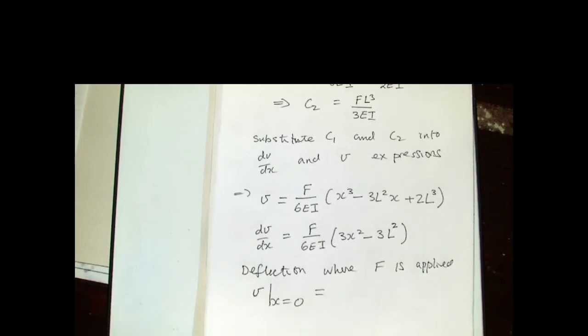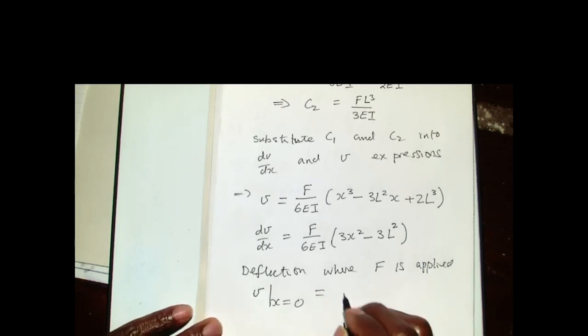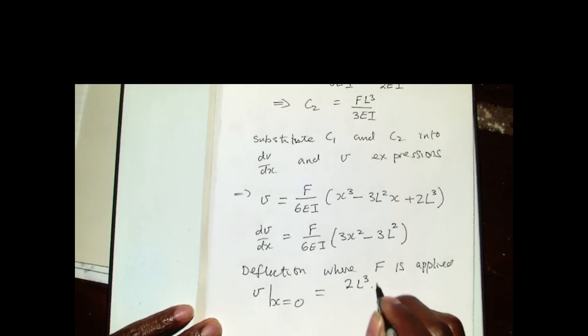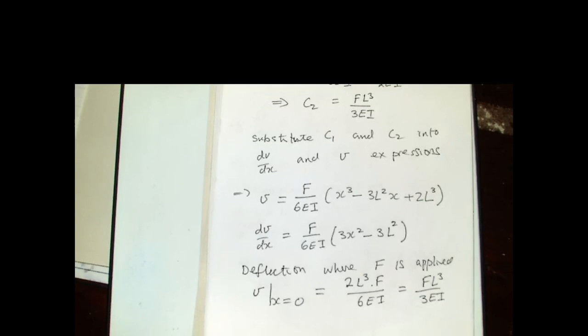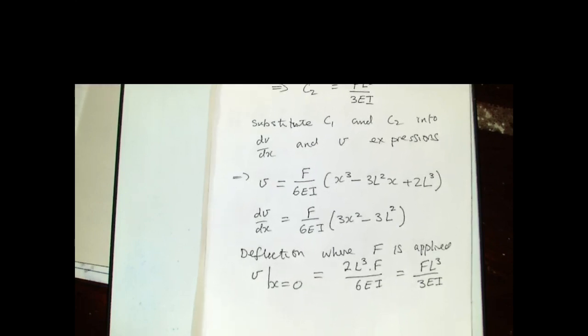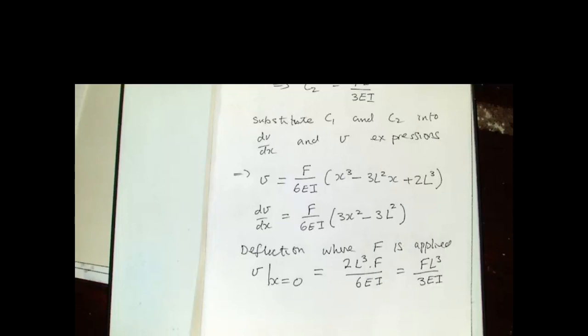We just put x equals 0 there, and we'll be able to show that that is just 2L cubed multiplied by F all over 6EI, and that is FL cubed all over 3EI. So if I know the load, the length of the beam, the modulus, and the second moment of area, I can find the value of the deflection.